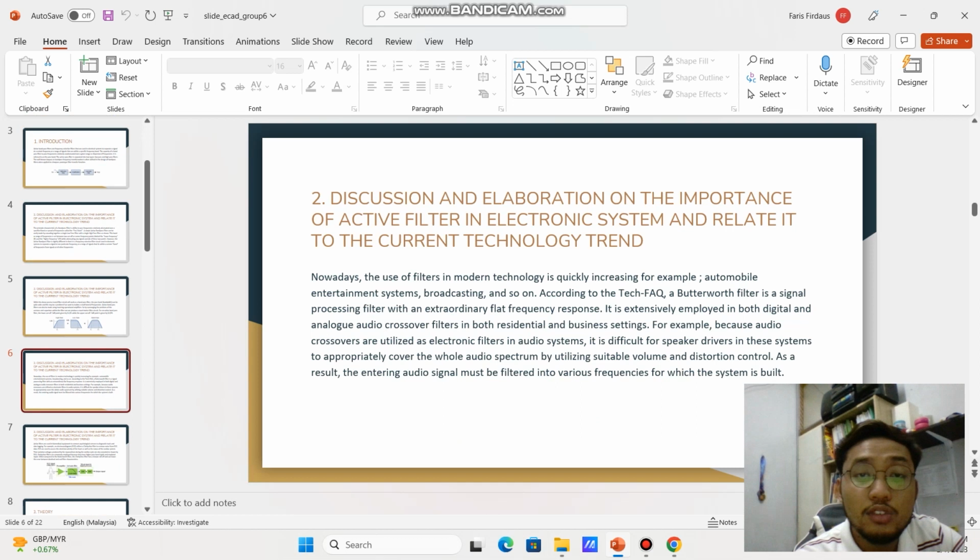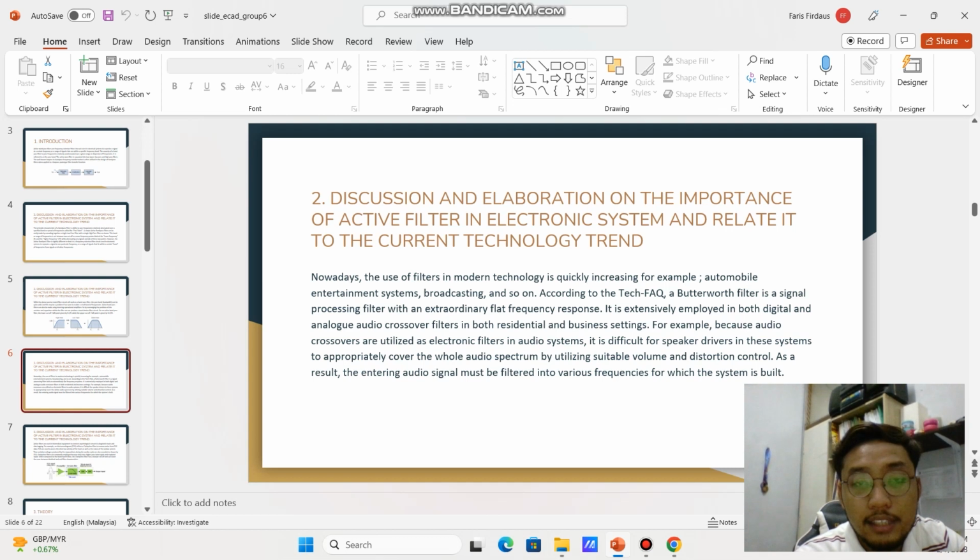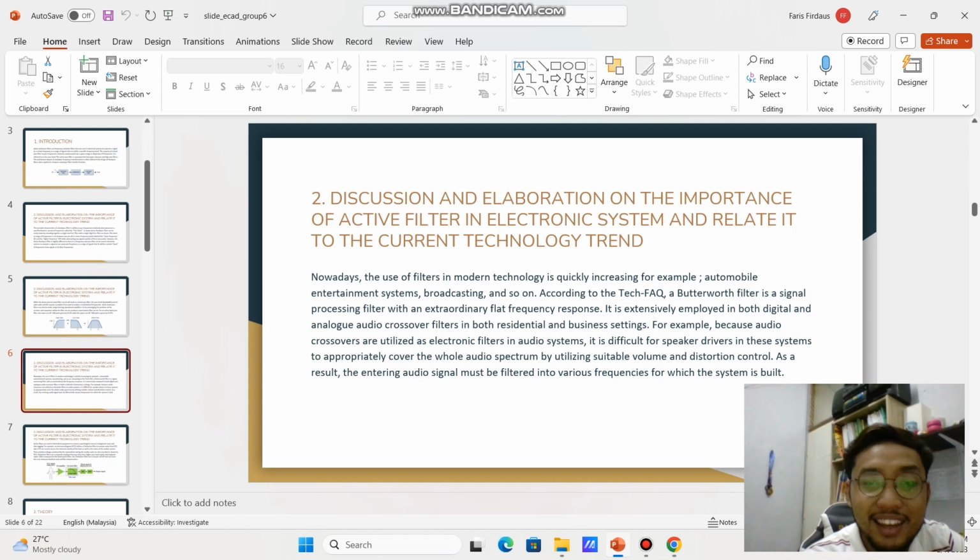Nowadays, the use of filters in modern technology is quickly increasing, for example in automobiles, entertainment systems, broadcasting, and so on. According to the Tech FAQ, a Butterworth filter is a signal processing filter with an extraordinary flat frequency response. It is extensively employed in both digital and analog audio crossover filters in both residential and business settings.